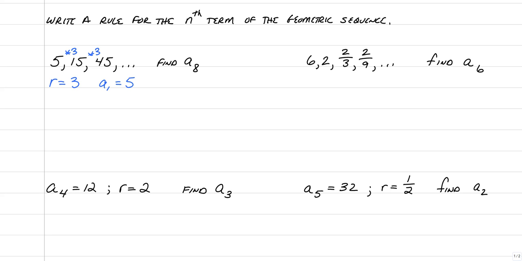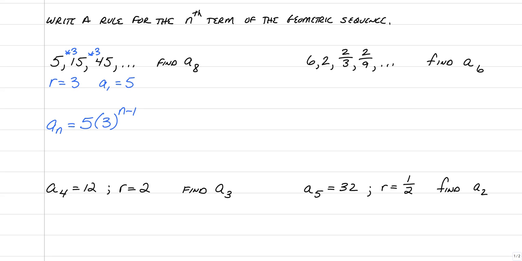And what we're going to do is write a rule for the nth term and then find a sub 8. So to write the rule, our formula is a sub n is equal to the first term times our ratio, which we found is 3, our common ratio, raised to the n minus 1 power. Okay?